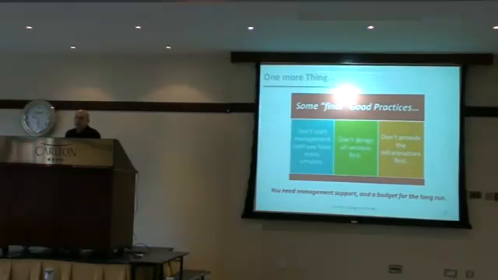Of course, this is a change in the enterprise, and therefore you need management support. And of course, you also need a budget for the long run, because a budget cut halfway would be a recipe for disaster. And this is the end of my presentation.